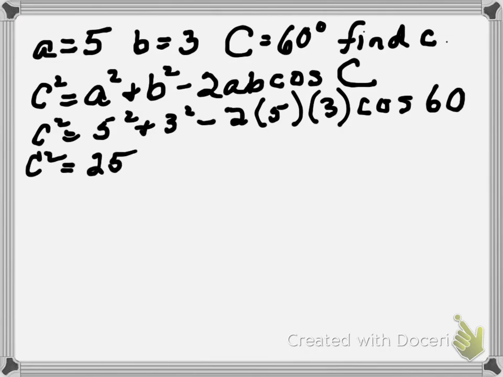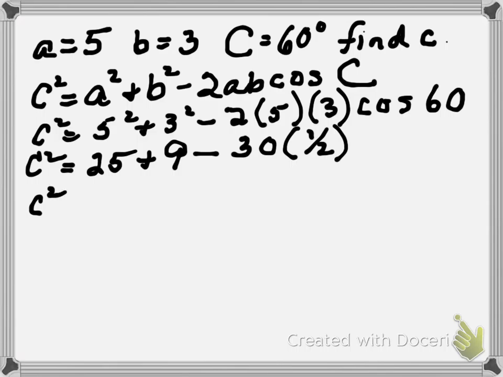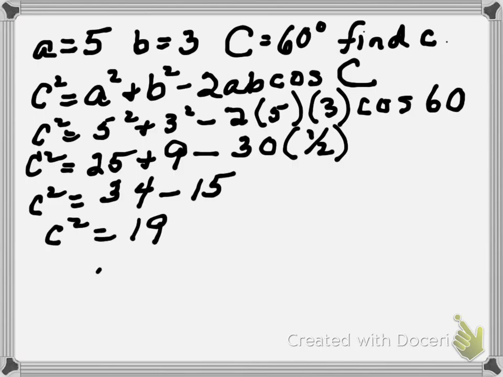Now, by now, you should see that the reason I'm picking the cosine of 60 is because the cosine of 60 is equal to 1/2. So I have C squared equals 34 minus 15, or in this case, C squared equals 19, and there's where you would leave it, as C is equal to the square root of 19.